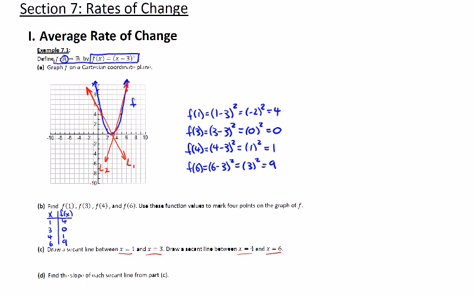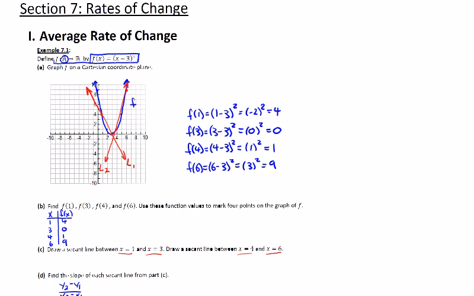Part D says find the slope of each secant line from part C. When I think about slope, I think about the calculation y2 minus y1 divided by x2 minus x1, and it's a perfectly good way to think about slope.